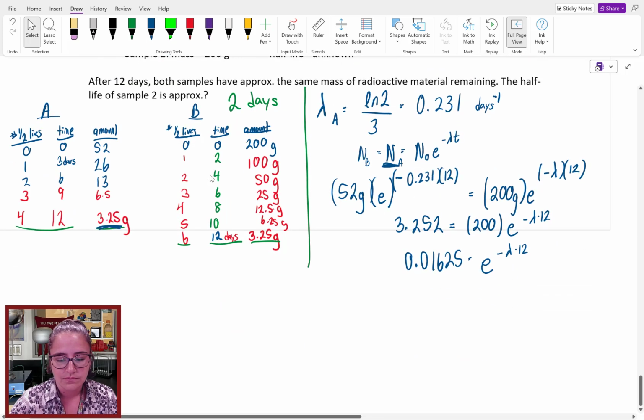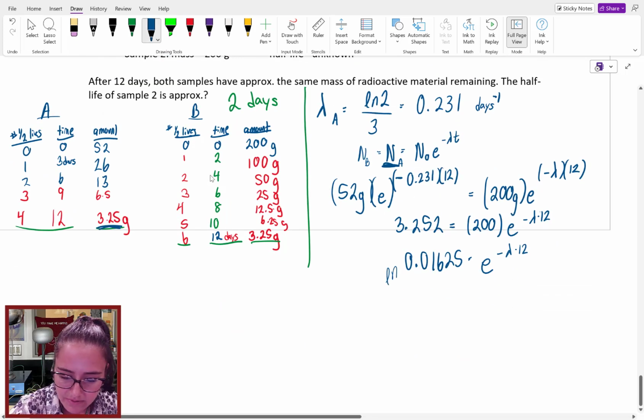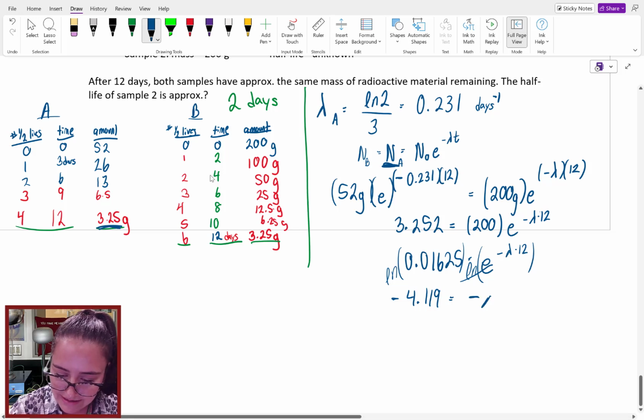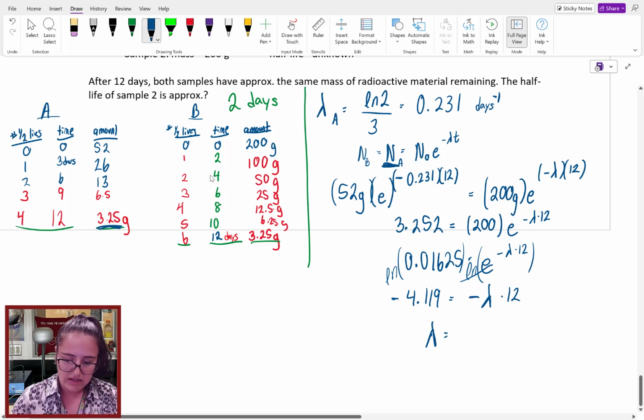To undo the e, we take the natural log of both sides, which cancels that out. When we take the natural log of that number, we get negative 4.119 equals negative decay constant times 12. The negatives cancel. We have 4.119 divided by 12, and we get a decay constant of 0.343.